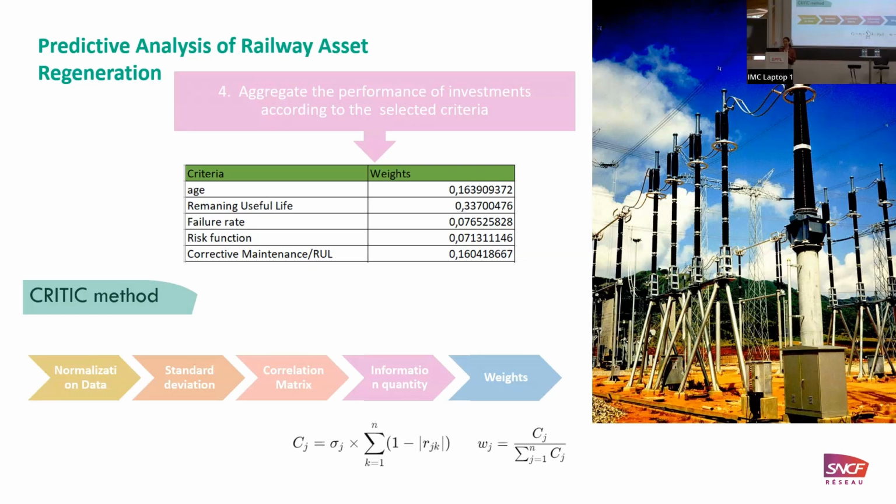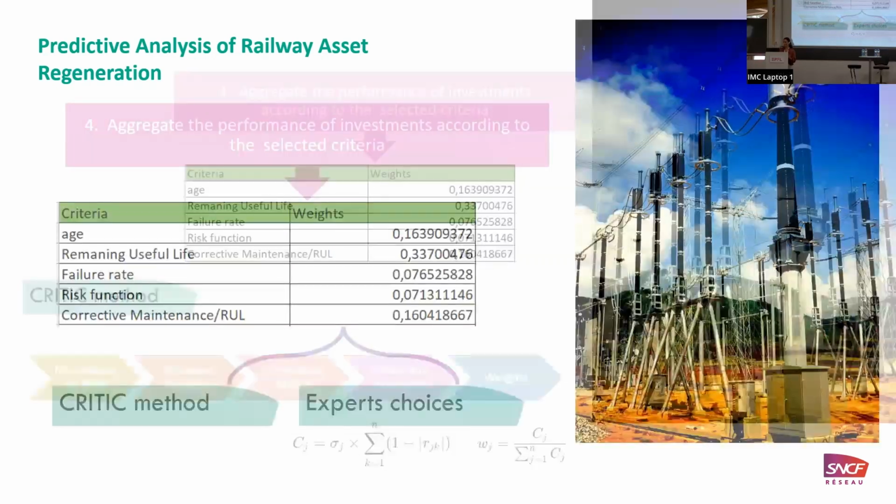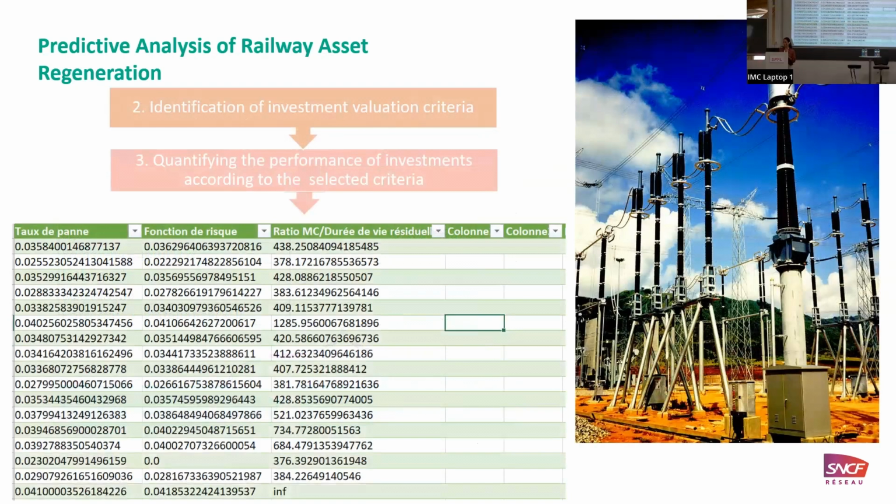And it's a combination between correlation and standard deviation. Then finally, we calculate weights by applying these rules. So the next step is to multiply these weights by all the data values gathered in this table.